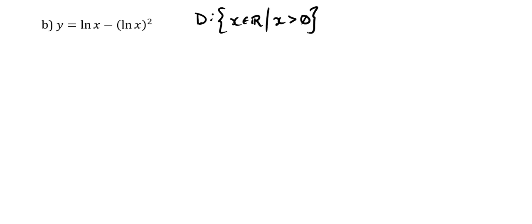Look at this: it's ln x minus ln of x all squared. If I put 0 in, then it's not going to work. As a side note, what if this was ln x minus x squared? Putting 0 in would work for that part, but it wouldn't work for ln x. So if it doesn't work for any part, it doesn't work for the whole thing.